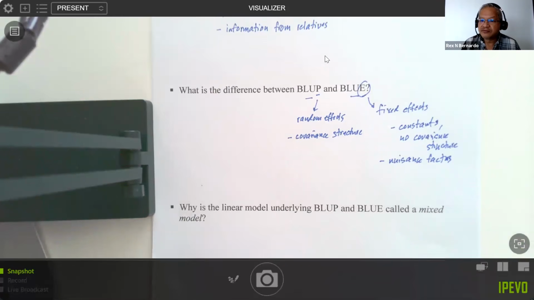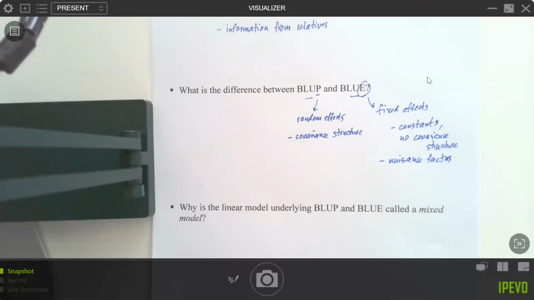Yes, Flutur, you had raised your hand, you have a question? Yes, about the unbalanced.